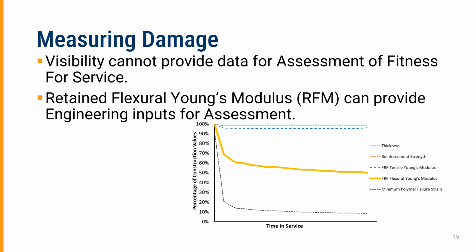So how do we measure damage? Well, one of the things that we've covered is that visibility cannot provide data for assessment of fitness for service. Also, what we can use is the retained Flexural Young's modulus, or RFM. That can actually provide direct engineering inputs for assessment. Recall this slide from earlier, where in service we can see changes that occur in the Flexural Young's modulus.